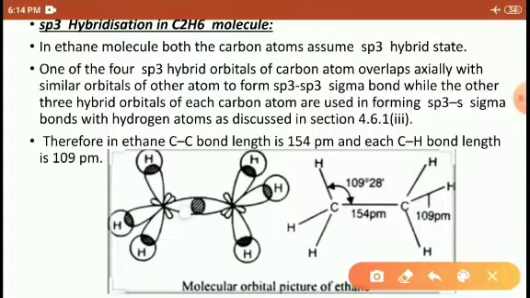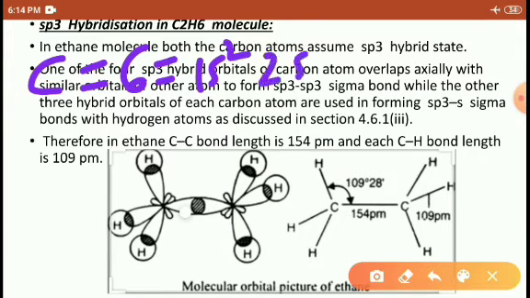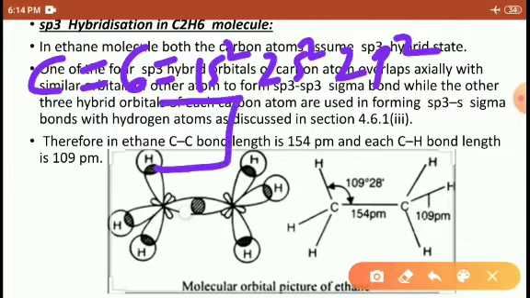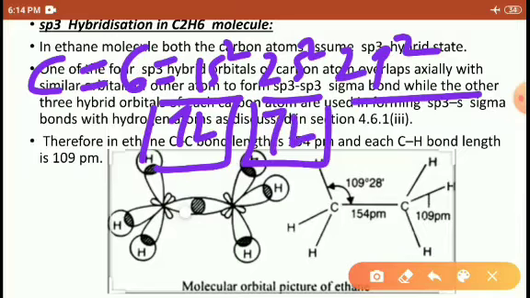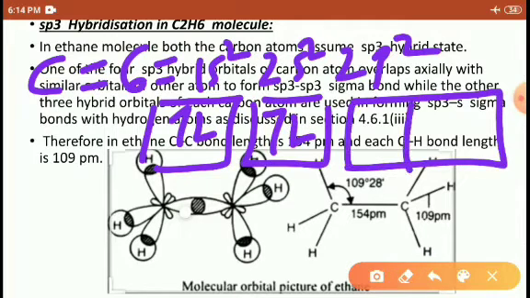So sp3 hybridization of methane. So look here students, the one carbon. Atomic number 6. 1s2, 2s2, 2p2. So this is 2 electrons. This electron is promoted and shifted to here.